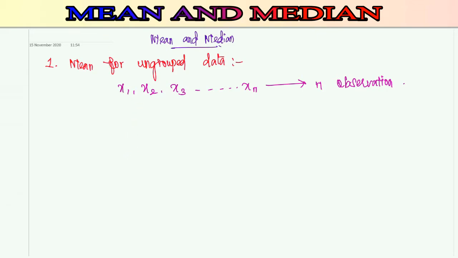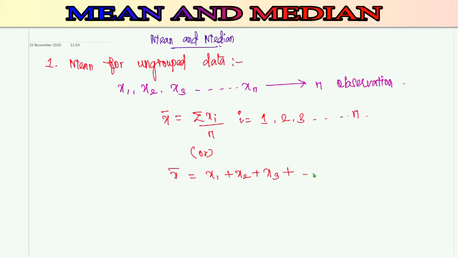In general, mean is denoted by x bar is equal to sigma xi divided by n. Here i stands for 1, 2, 3 till n. You can also write it as x bar is equal to x1 plus x2 plus x3 plus etc. plus xn divided by n.